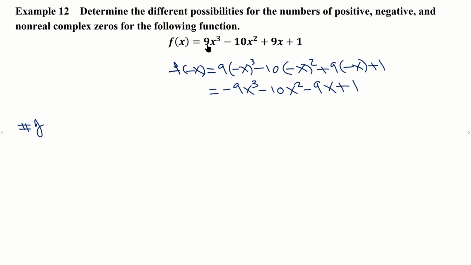So notice we start positive. From positive to negative, that's 1 change. From negative to positive, that's 2. And positive to positive, there's no change. So the total number of sign changes was 2.